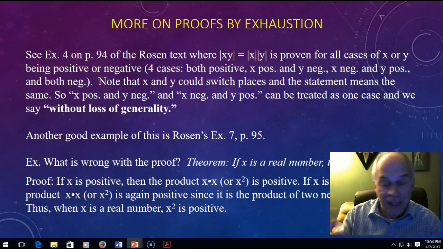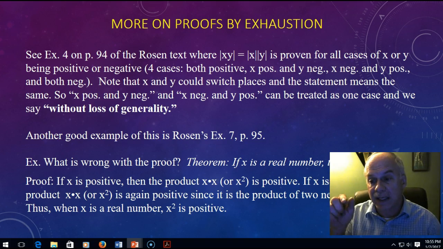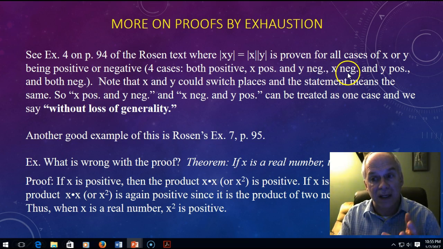So there's a lot of cases here when you have two variables and they can either be positive or negative. They could be both positive, so you handle that case. It could be that x is positive and y is negative. That's another case. Or it could be x is negative and y is positive. Or it could be both of them are negative.